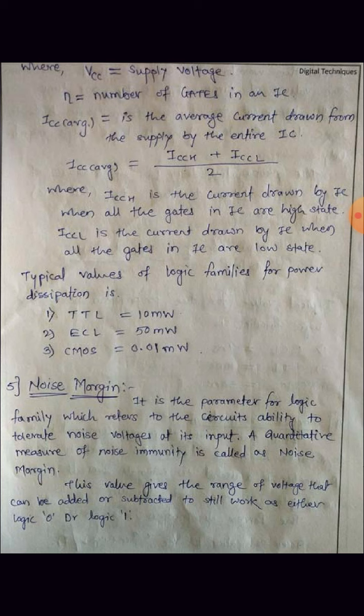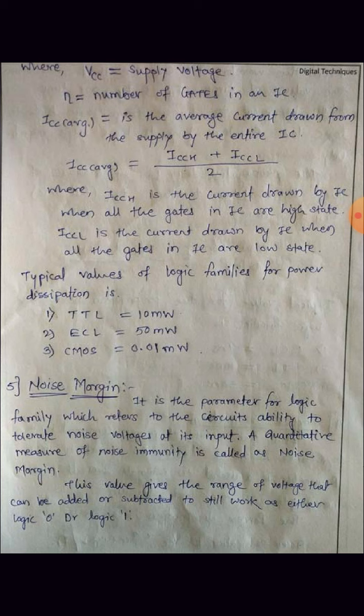See the definition. It is the parameter for a logic family which refers to the circuit's ability to tolerate noise voltage at its input. It is also called the noise immunity.